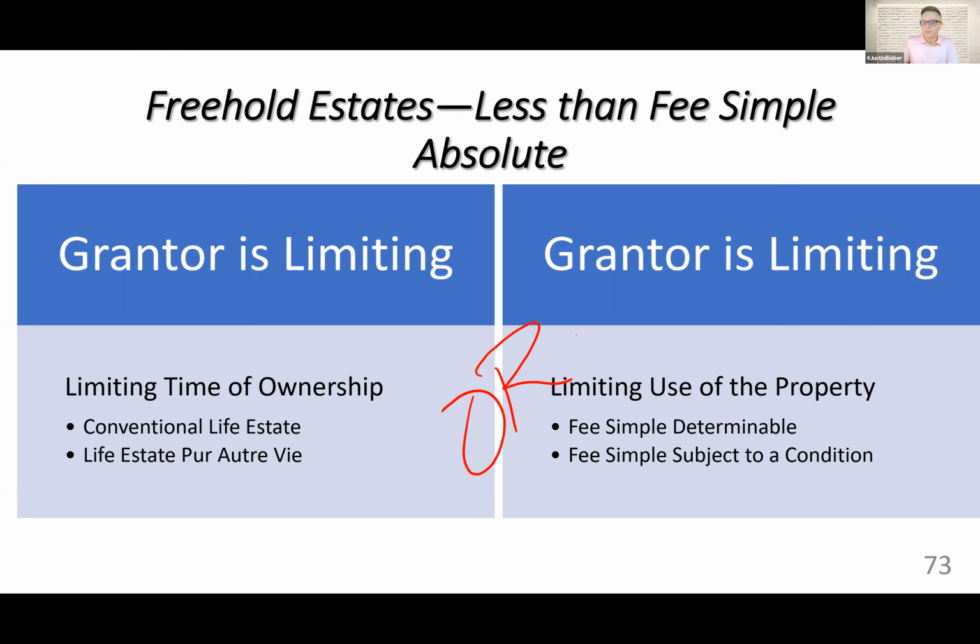Inheritable. That's why you've got to do vocabulary words, folks. Those vocabulary words are going to jump up and bite you when you're running away. You've got to nail that vocabulary. When you see the word freehold, that means ownership. When you see the word fee, that means inheritable.